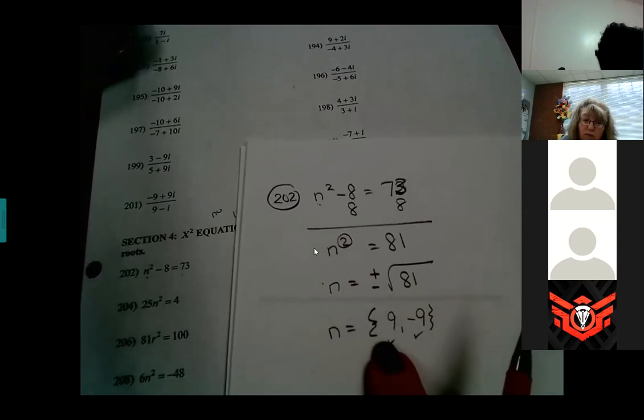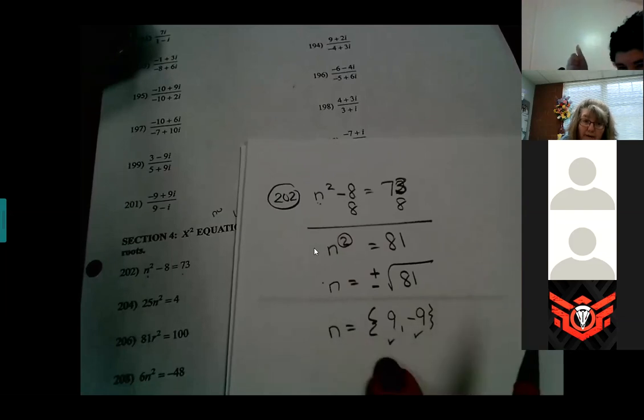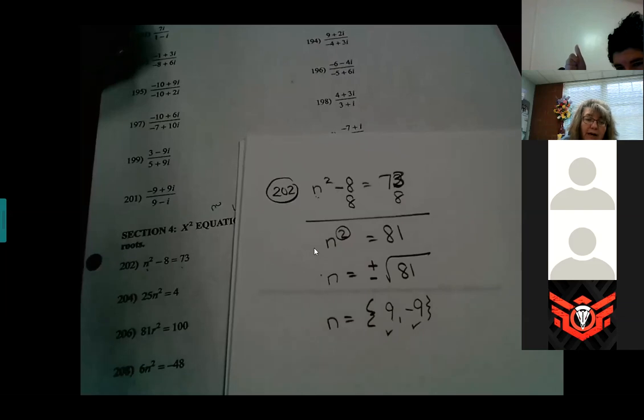Is everybody good with 202? Yeah. If you understand 202, raise your hand on the thing so I can see. Okay. Chloe raised her hand. Let's see who else. Merrick raised his hand.